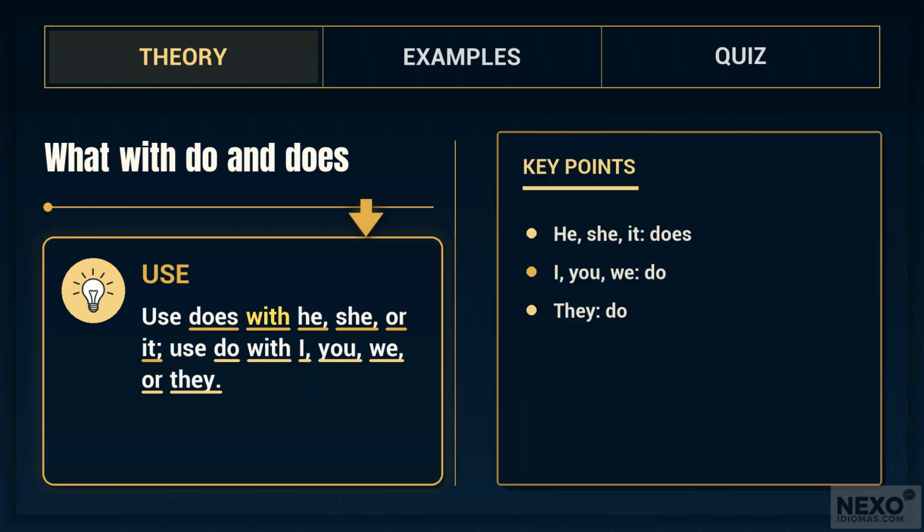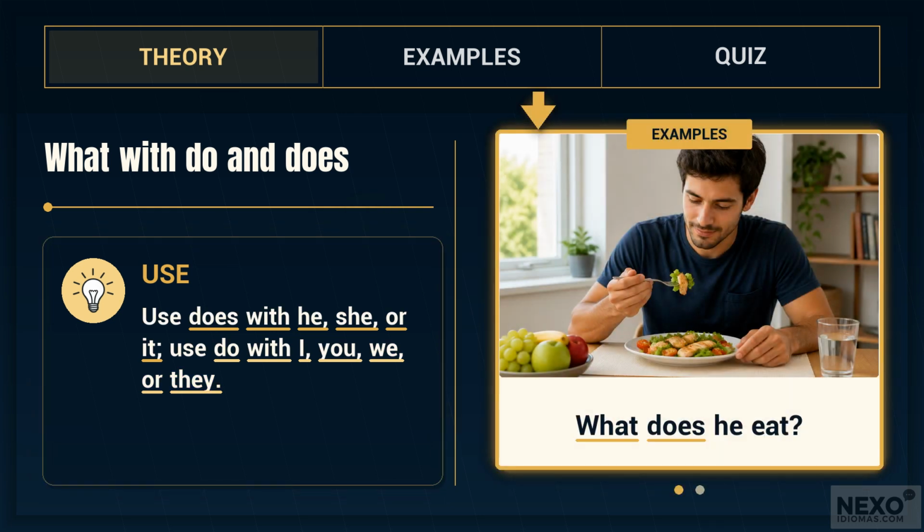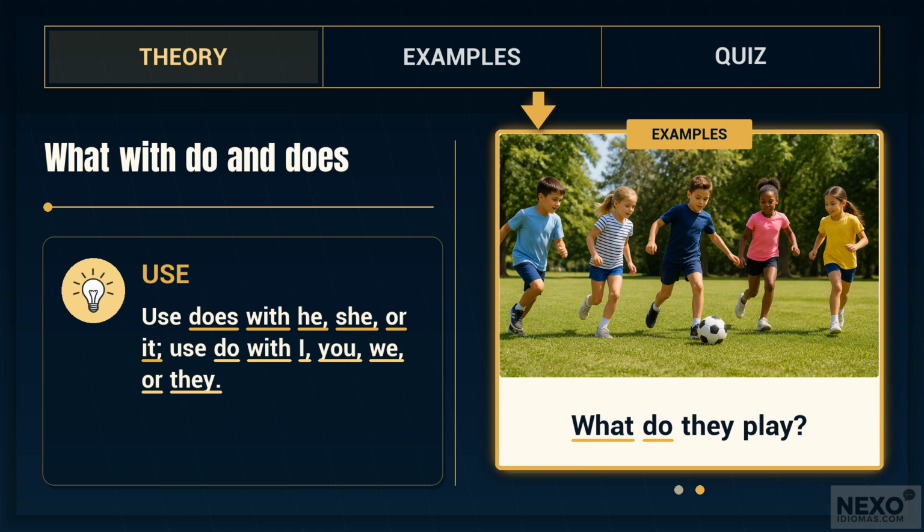Use does with he, she, or it. Use do with I, you, we, or they. Example. What does he eat? Example. What do they play?